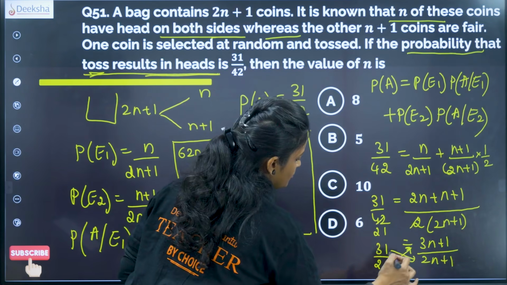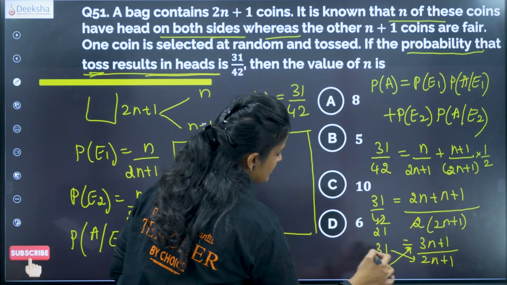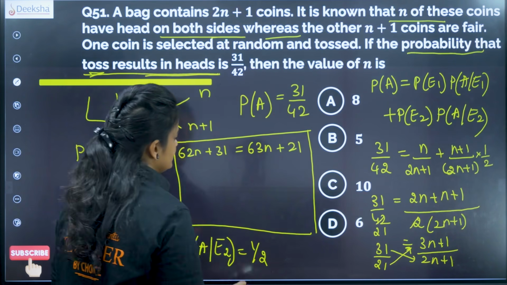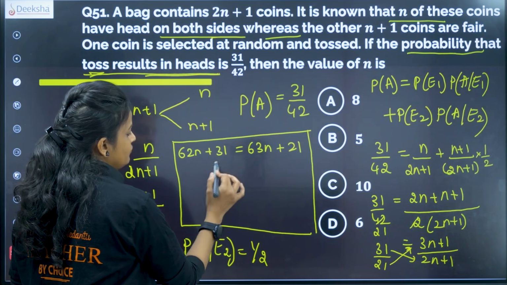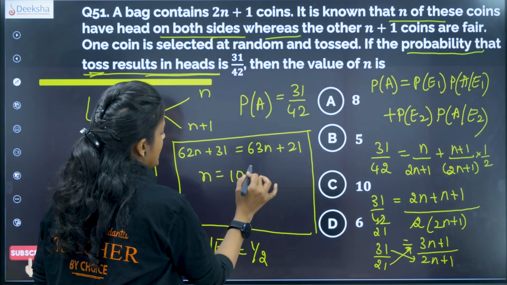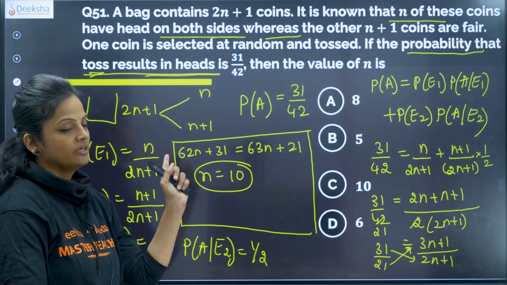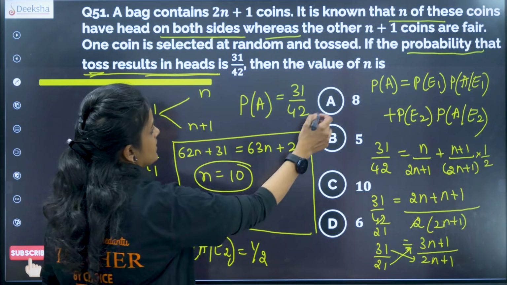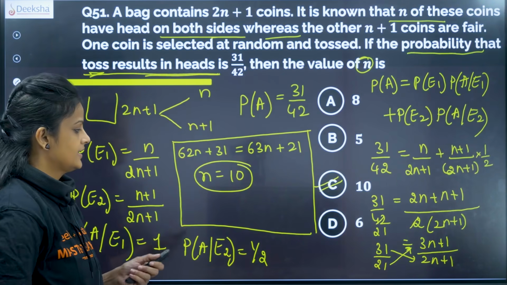Now into 3 you are doing, so 63n. It's not lengthy because terms will get simplified easily, and after simplifying this I have n as 10. Send this 62 to the other side, 21 to this side. So where is our n value? In option C it is 10.